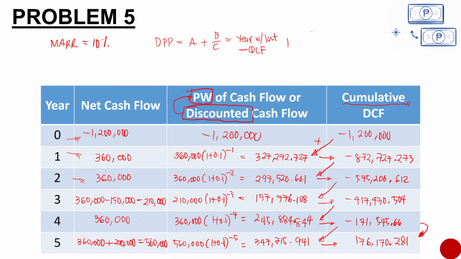And our B is the last negative cumulative discounted cash flow, over C, the difference, which is the positive cumulative DCF plus the negative of the cumulative DCF.